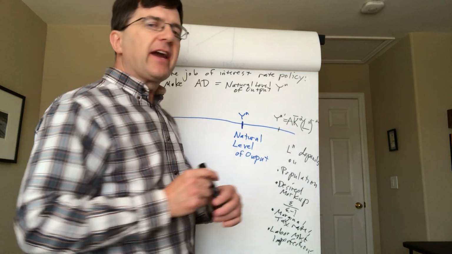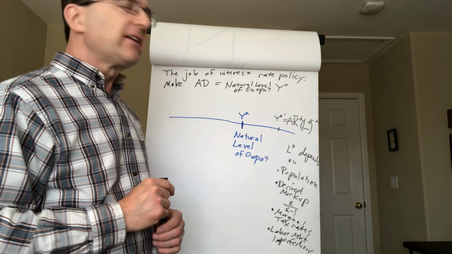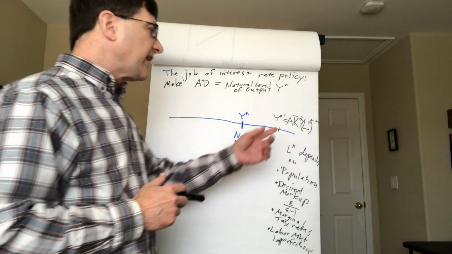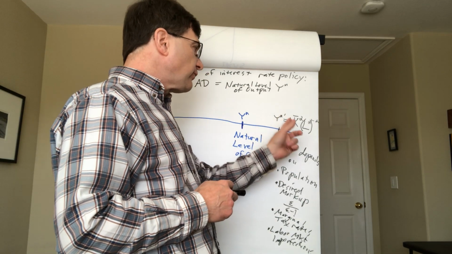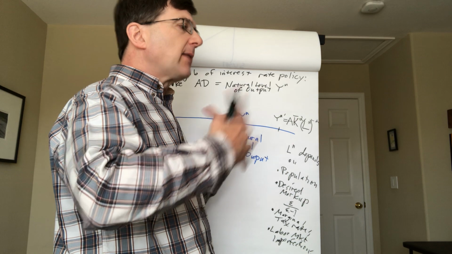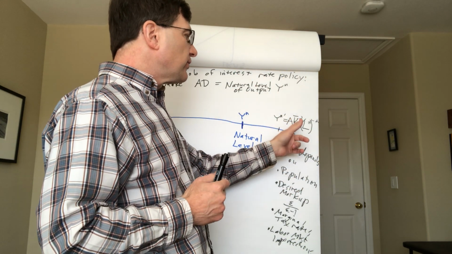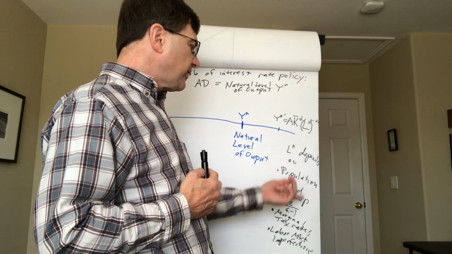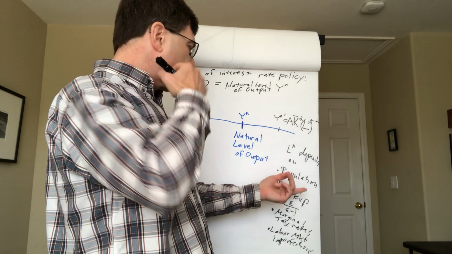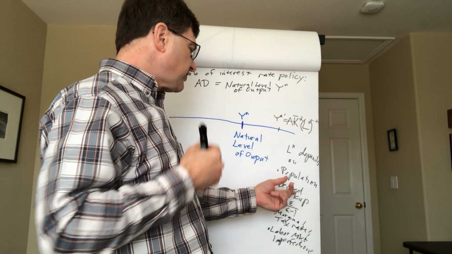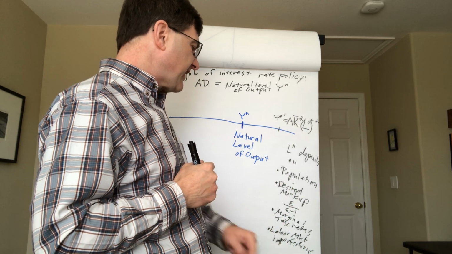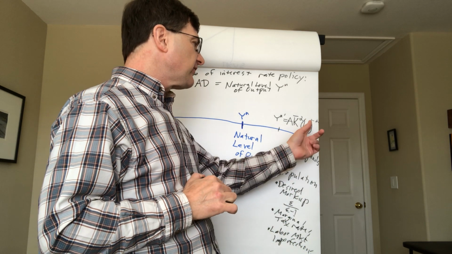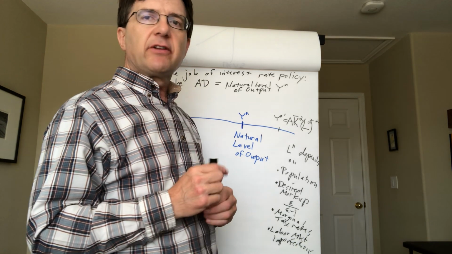And the key thing there is not when something is invented, but when it comes into wide use. So some technology coming into wide use could change the natural level of output. A change in the population, you might have a lot of immigration, or a change in the desired markup or marginal tax rates or labor market imperfections could change the natural level of output.